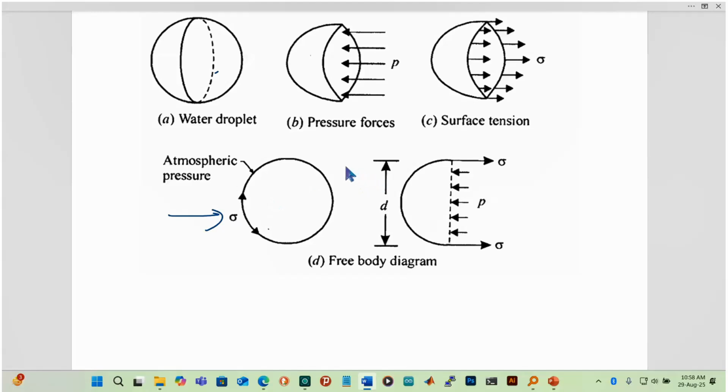This is the atmospheric pressure acting against it, but also the pressure inside, remember, is now the one that is going to be opposing this.